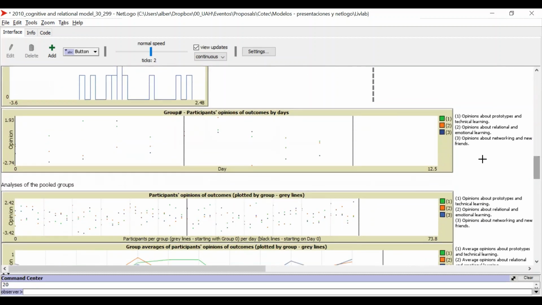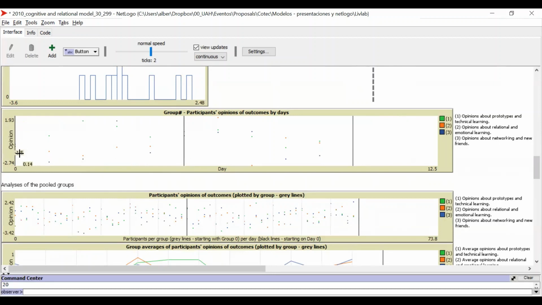about the event. Now, there's a final graph shown here, which is similar to those offered by default by the simulator in the analysis of pool groups. In here, we can see the information related to this group's participants, this group's members, by day or per day.